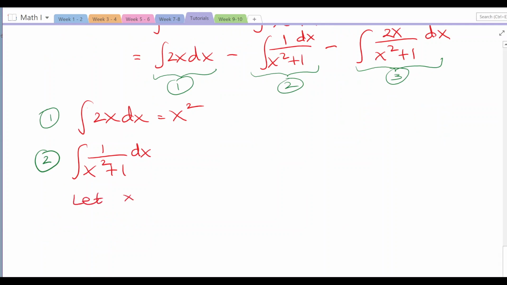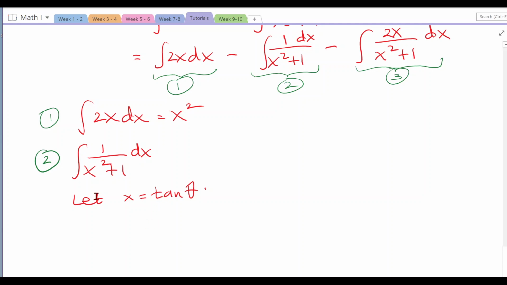Let x equal tan theta. You might ask why. Well, the reason is that after we substitute, x squared plus 1 means tan squared theta plus 1, and we are going to get secant squared theta, which is much simpler.